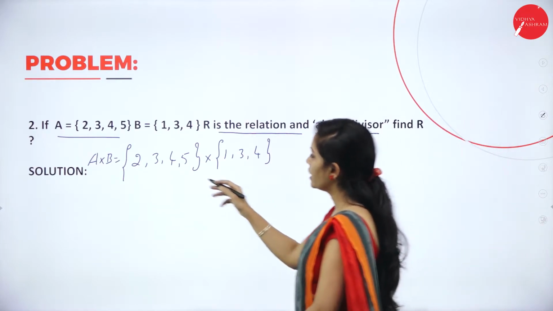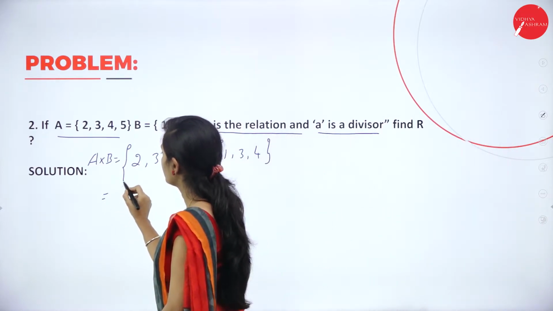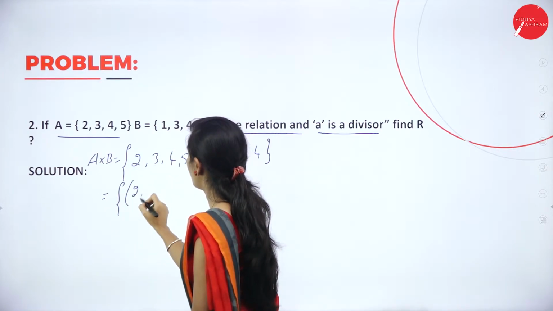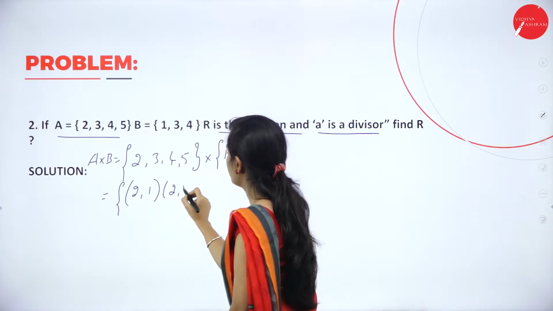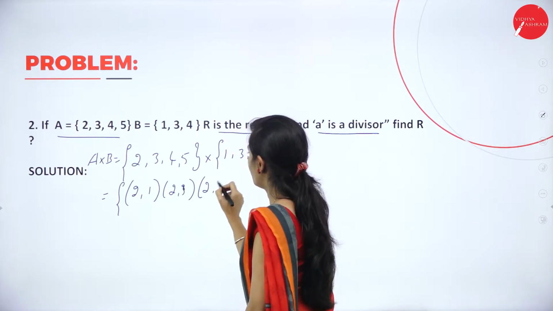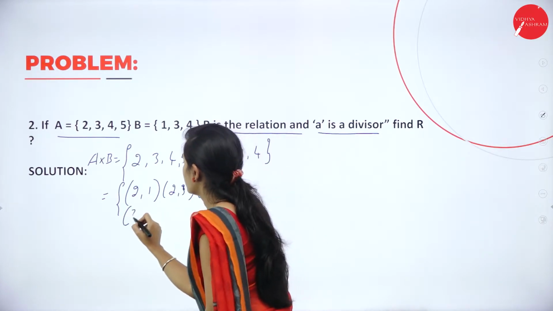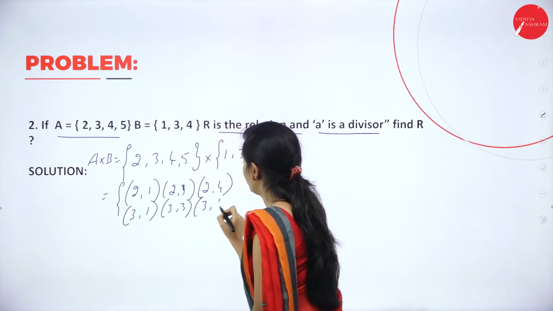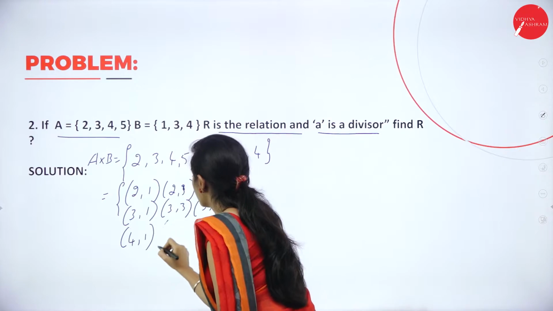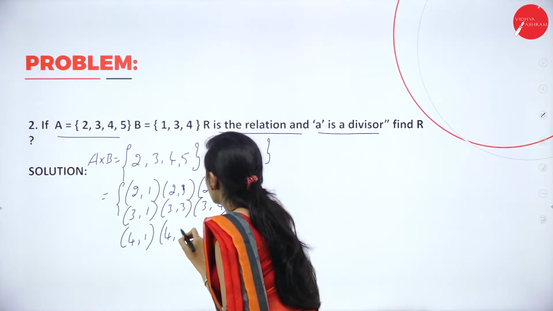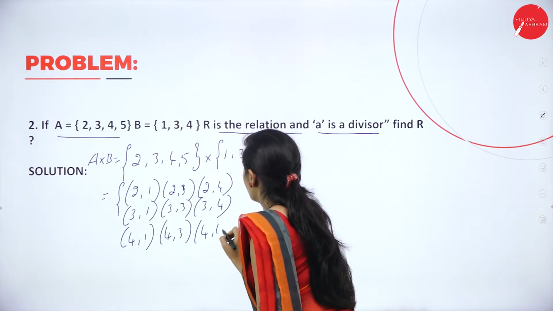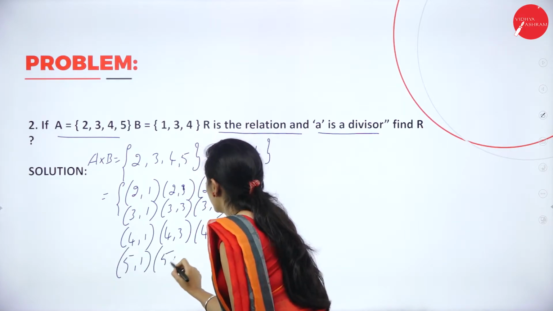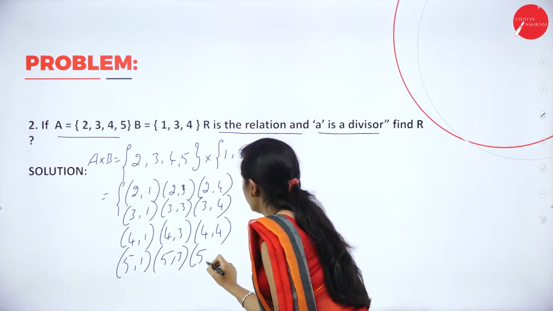So first find A cross B. Again, A cross B is (2,1), (2,3), (2,4) and (3,1), (3,3), (3,4), (4,1), (4,3), (4,4) and (5,1), (5,3) and (5,4).